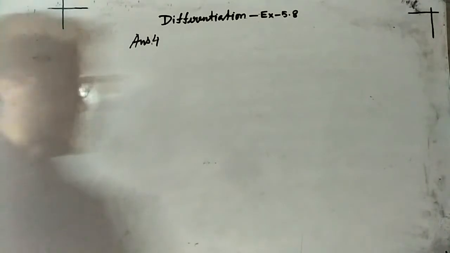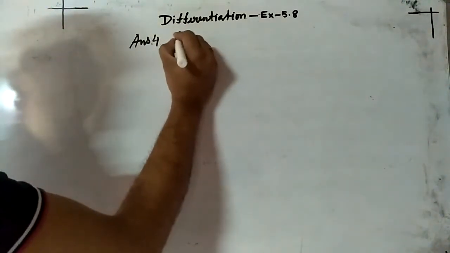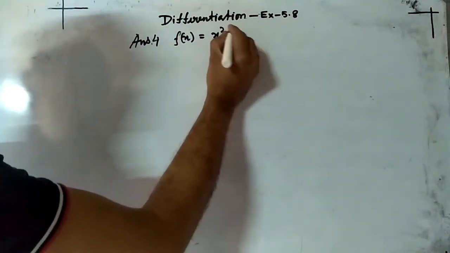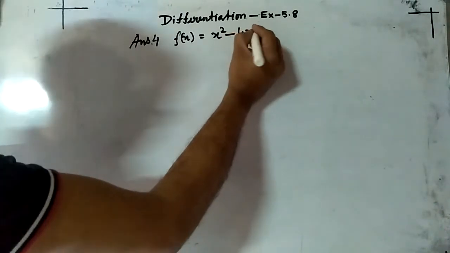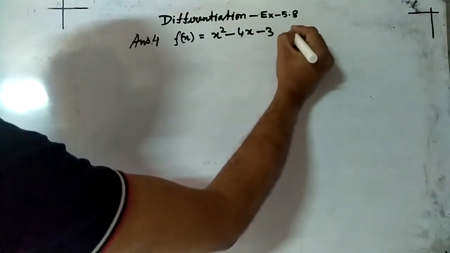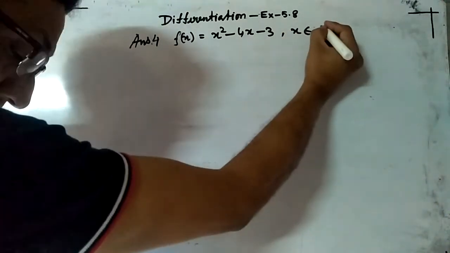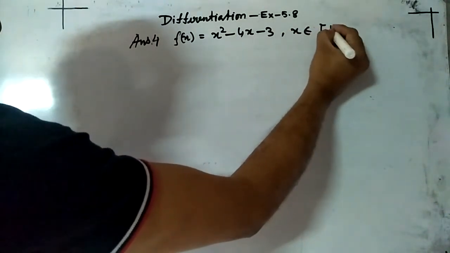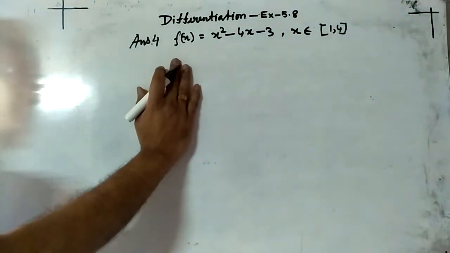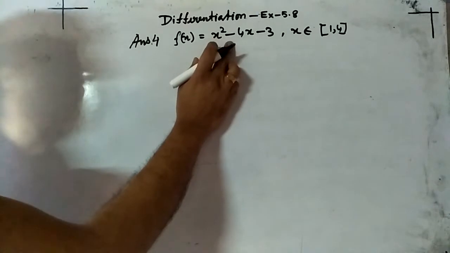The function: f(x) equals x square minus 4x minus 3, defined on x belongs to closed interval [1, 4]. So here two conditions we have to satisfy, and this is also a polynomial function.